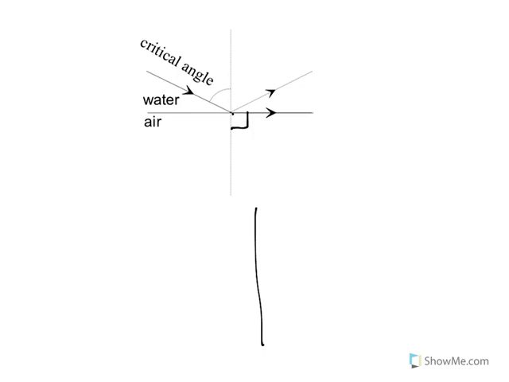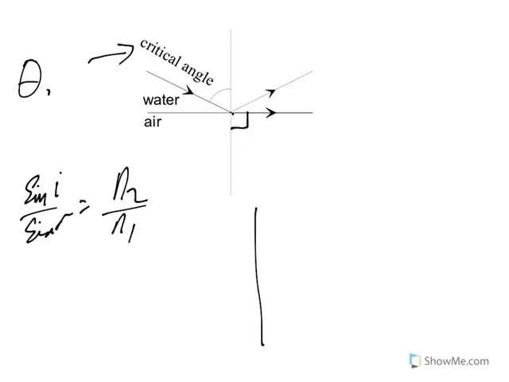What I'm writing now goes in the gaps. If we're using the equation sin i on sin r is n2 on n1, then our angle is the critical angle, and the symbol I'm going to use is theta C, that changeover angle.